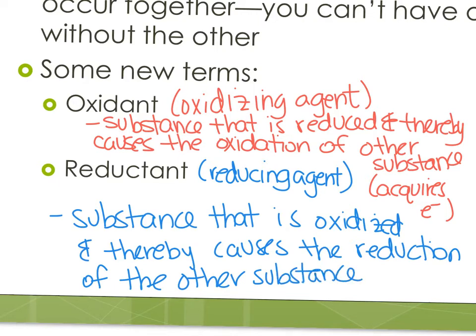So if our oxidant is acquiring electrons, what do you think this one's doing? Losing them. Yeah, it gives up electrons.